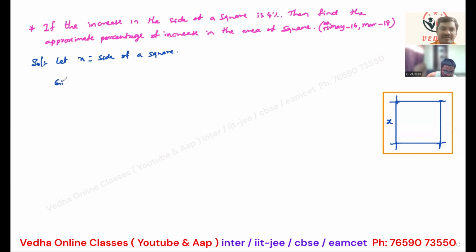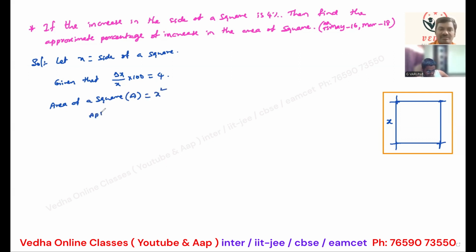Given that delta x by x into 100 is equal to 4%, the increase in the side. Delta x is the increment, the difference, divided by the total length of the square x, into 100, because percentage means into 100. And what is the area of a square? A is equal to x square.